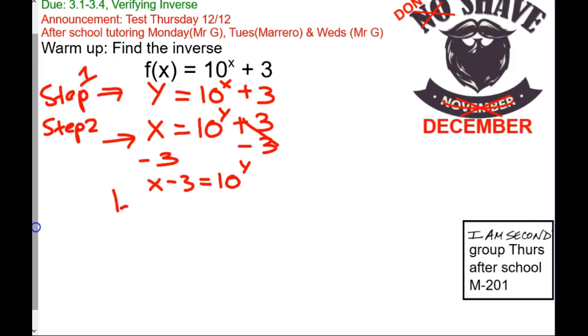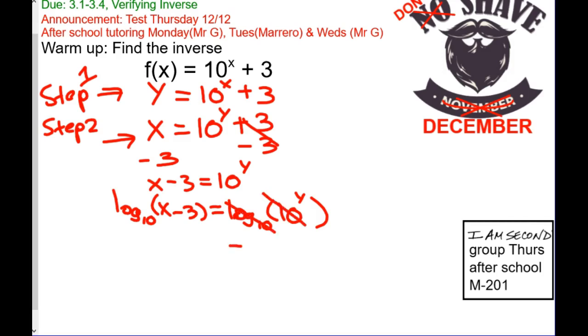So log base 10 of (x minus 3) equals log base 10 of 10 to the y. So the only thing I added on both sides was log 10. And yes, on the right side, log 10 and 10 cancel each other out, and it brings the y down to be a regular y.